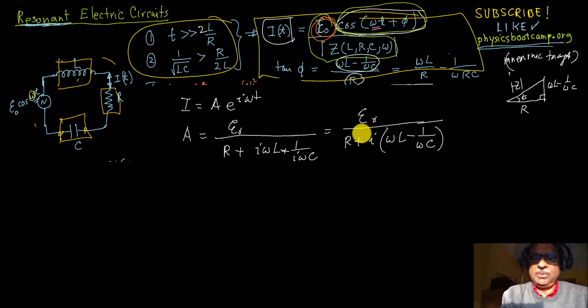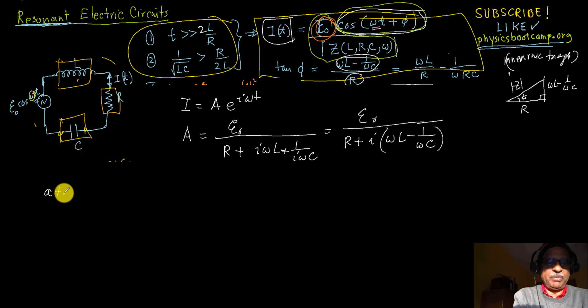So we have this quantity, and you might remember from complex number lectures, if this is equal to this, then you have the square root of a squared plus b squared times e to the i tangent inverse of b over a.